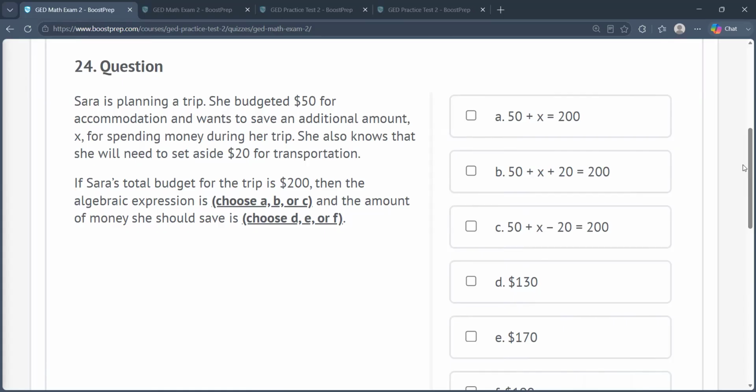If Sarah's total budget for the trip is 200, then the algebraic expression is choose A, B, or C, and the amount of money she should have is choose D, E, or F. Okay, so the first part of the question, we can only choose A, B, or C. And then the second part, we can only choose D, E, or F, right?